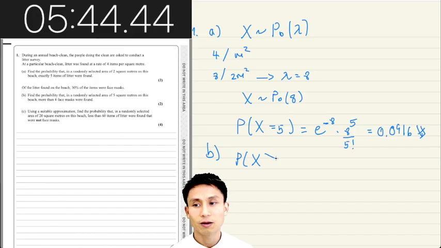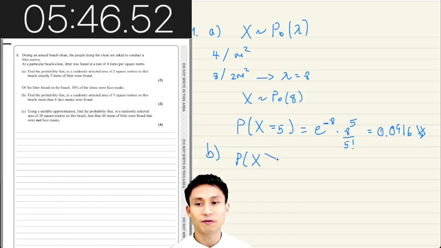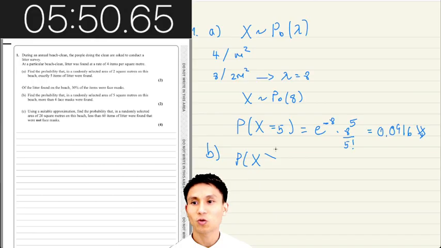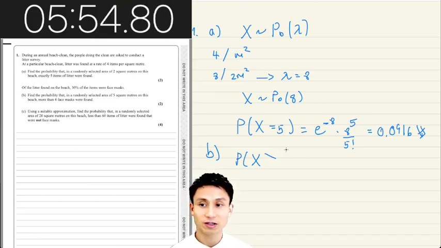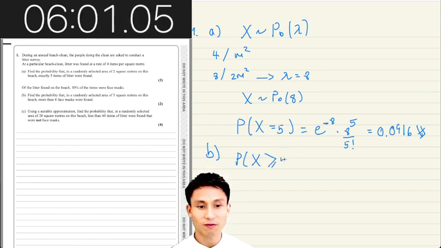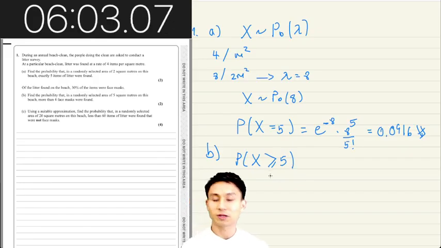Finding more than 4 face masks is only possible when the number of items of litter is greater than 4, right? So I'm going to do greater than or equal to 5 first, because this is discrete.